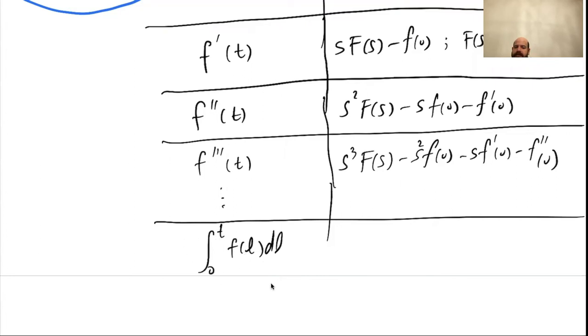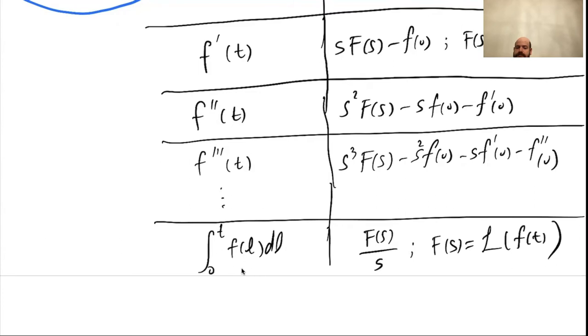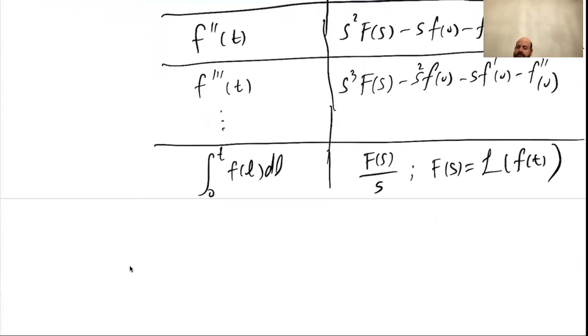So this is an antiderivative for f. And what will be the Laplace transform of this function? It will be capital F of s over s. And again, here capital F of s is Laplace transform f of t. So this is Laplace transform of antiderivative.